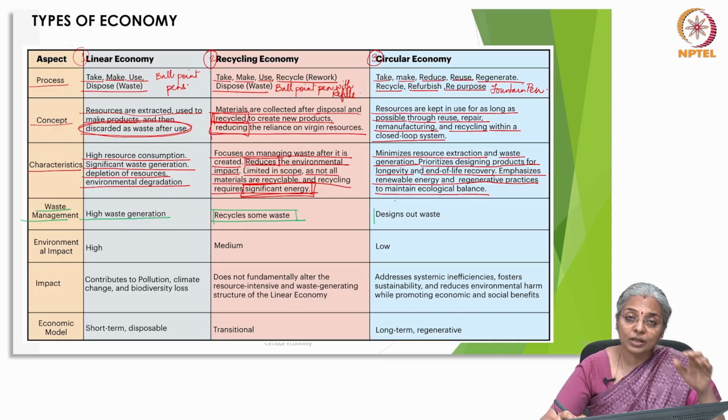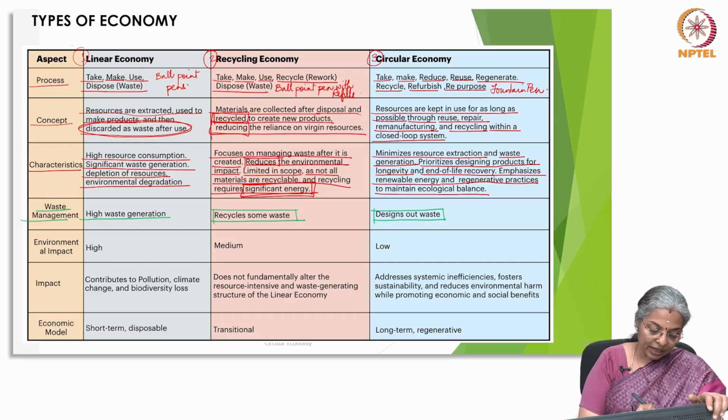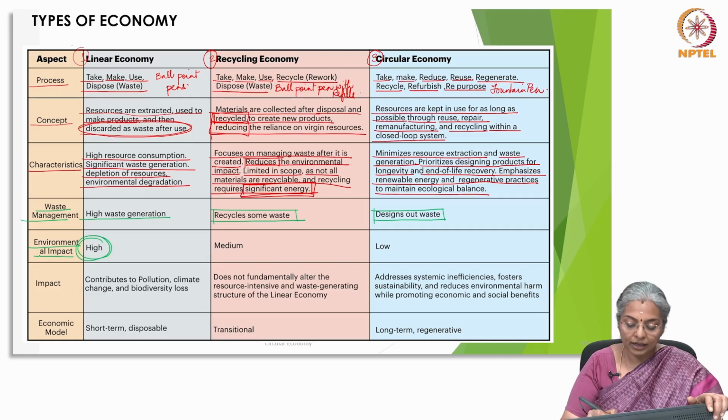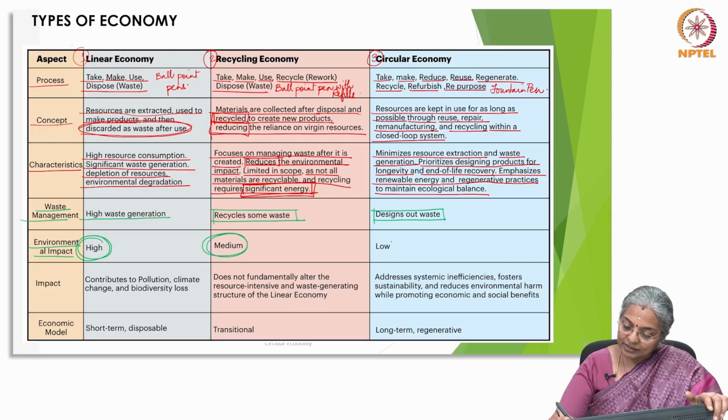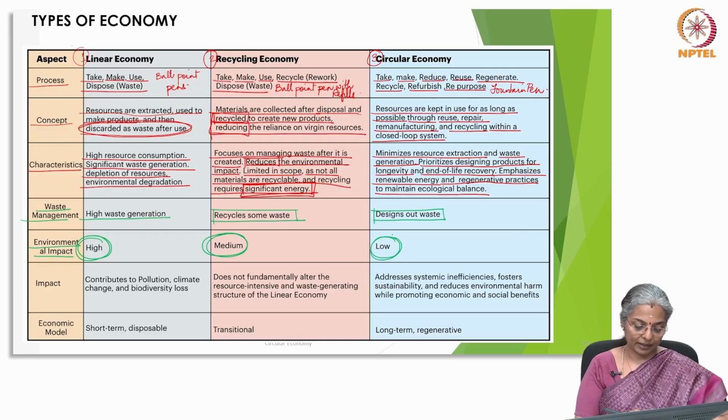Whereas the circular economy is designed to ensure that there is no waste. Let us look at the environmental impact. Linear economy has very high and bad environmental impact. Recycling economy has medium, it strikes a via media, and circular economy has the lowest environmental impact.